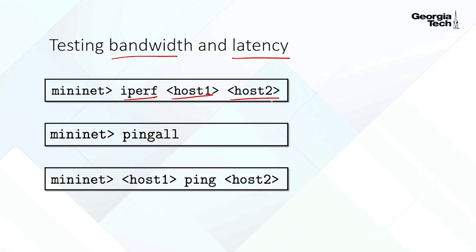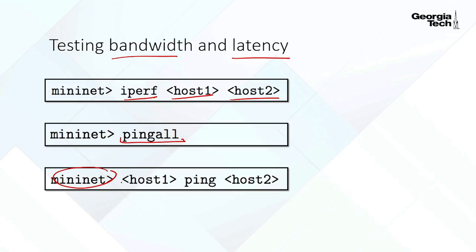Then, if you want to check if there is reachability between all the hosts available, then we can use pingall. This is going to start sending messages from all the hosts to all the hosts to see if we can actually send information from one to the other one. Finally, Mininet allows us to be more specific about the host to which we want to do the ping.